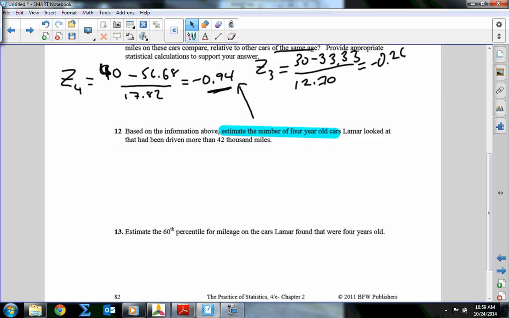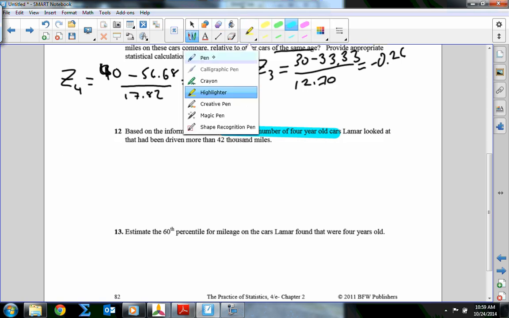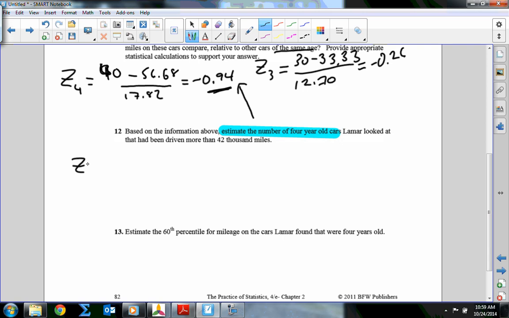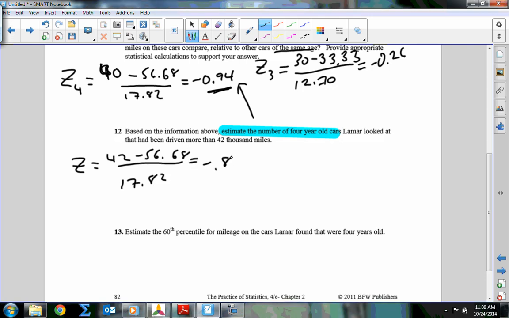So z is equal to 42 minus 56.68 over 17.82, which comes out to negative 0.82. All right, and negative 0.82 corresponds to 0.2061 on the table, so as a percentage, that's 20.61%.